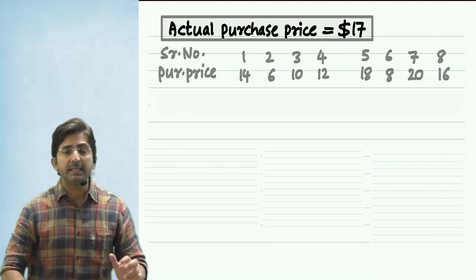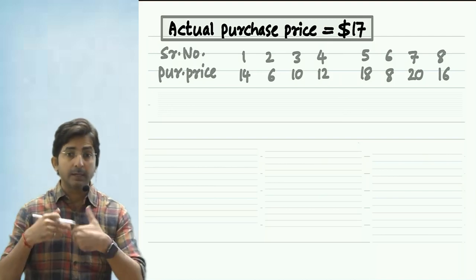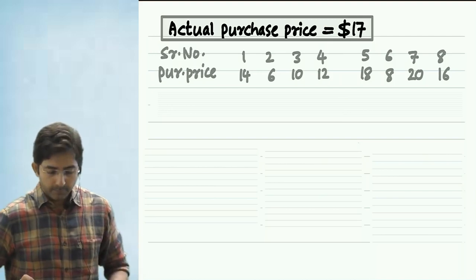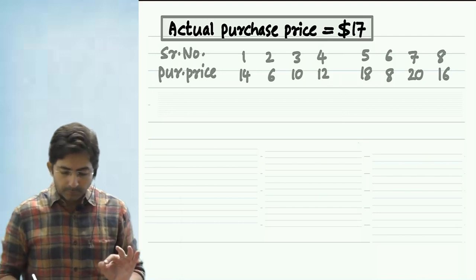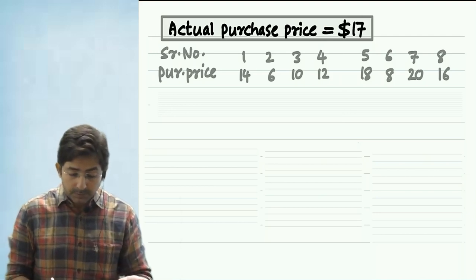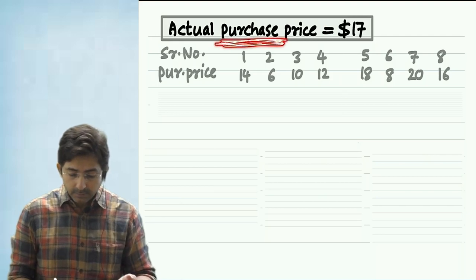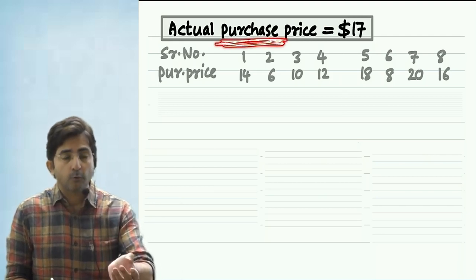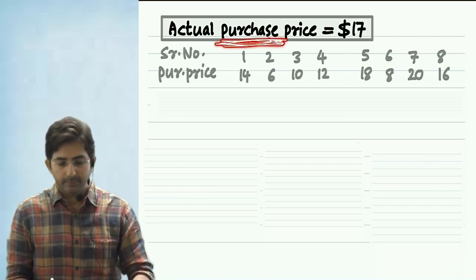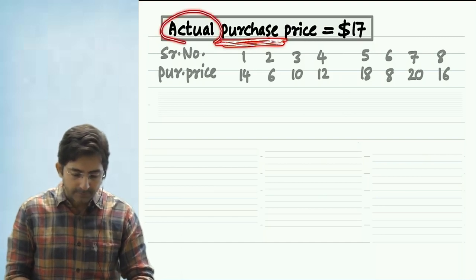Only if you understand the example will you understand what this median and all that is. See, I have assumed that the assessee has purchased some raw material from its AE. I have written an actual price.